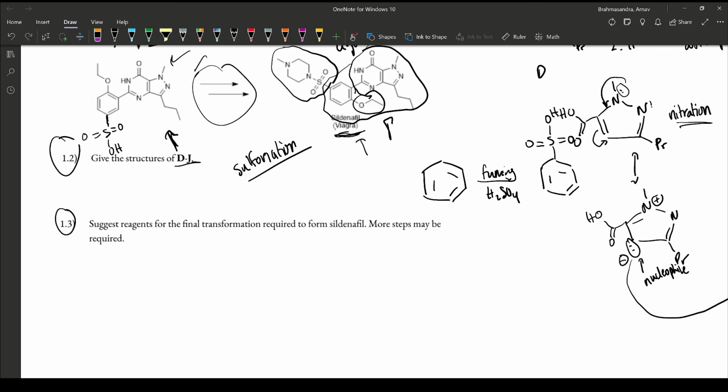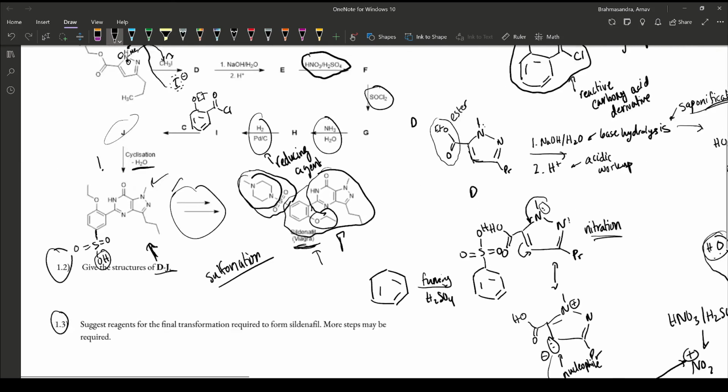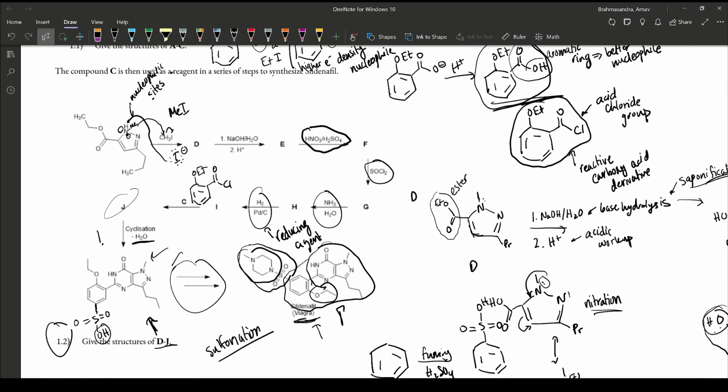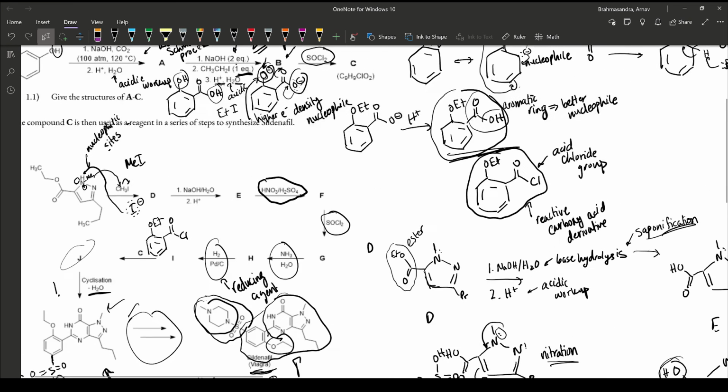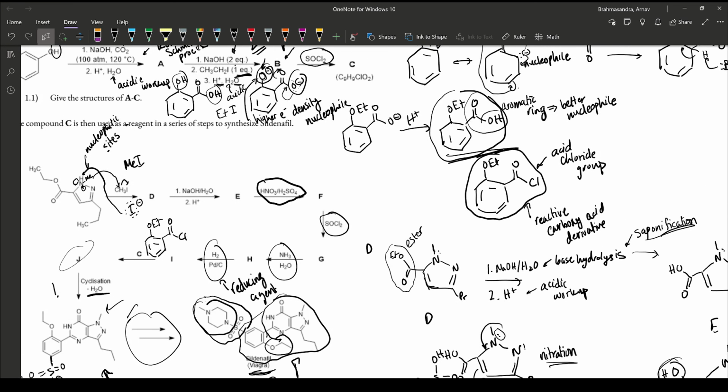So now what we want to do is replace this OH group with this amine group. That's our goal. We actually did that many times in this question, the idea of replacing an OH group with an NH2 group.